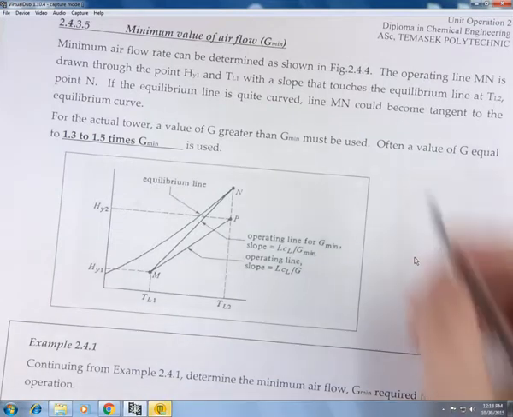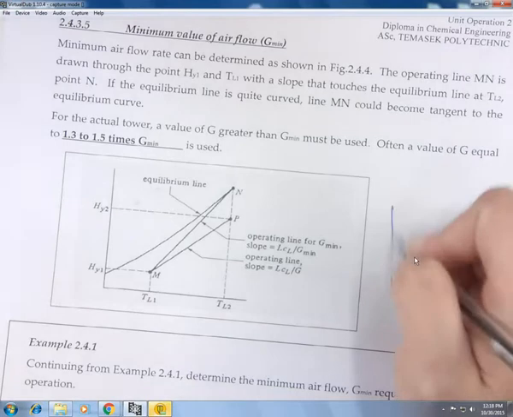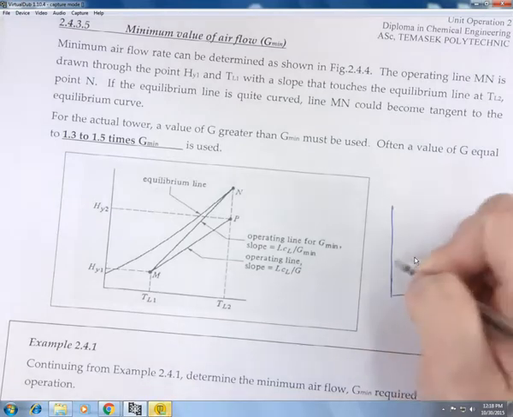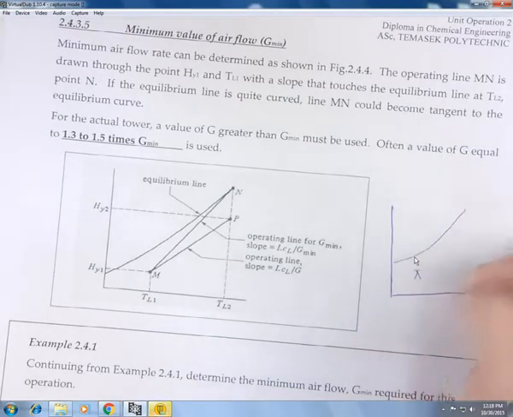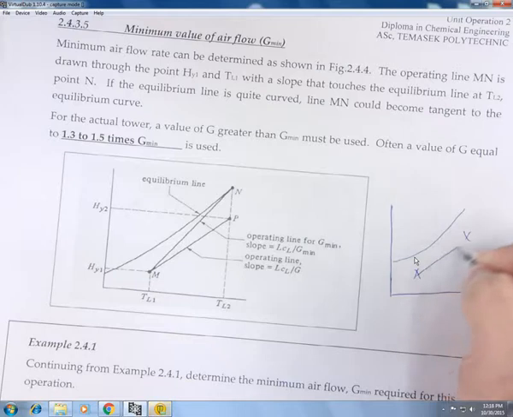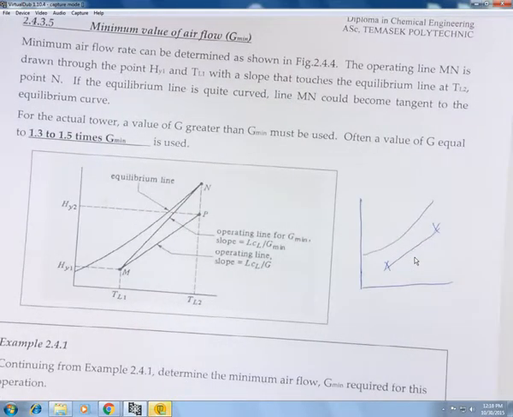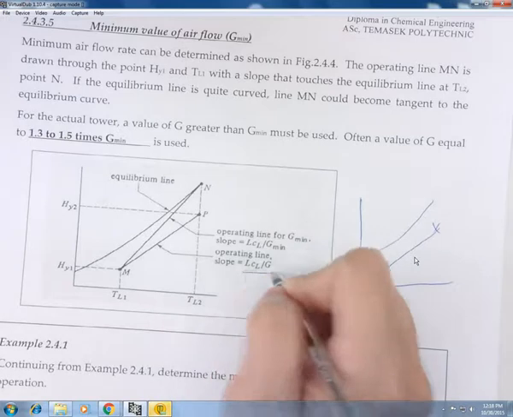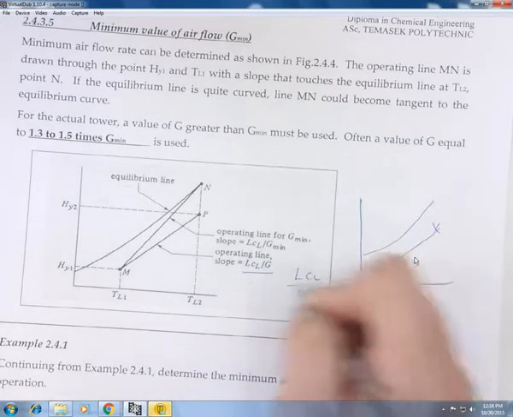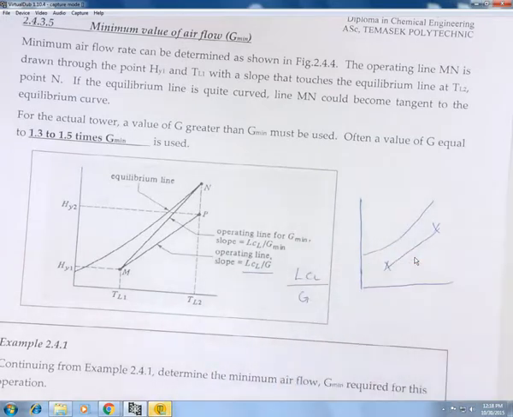A normal operating line that we have drawn so far looks like that with the curve. Now the operating line looks like that. The slope of the line is given by L Cl over G. We had derived this in our earlier equations.